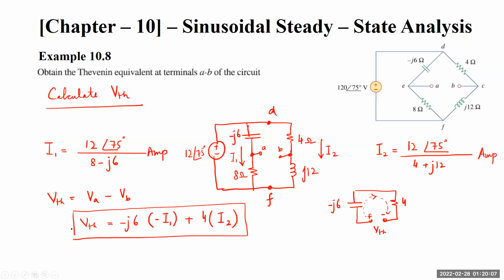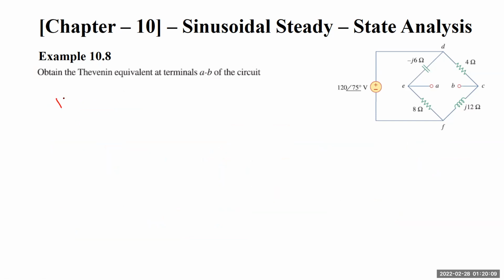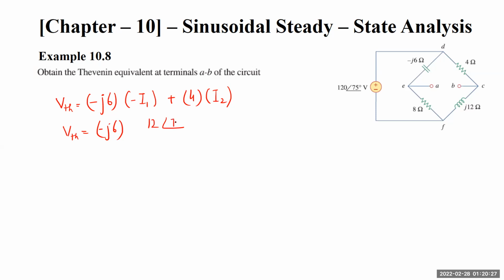So just now, how to calculate VThevenin: minus J6 into minus I1 plus 4 into I2. So remember, Thevenin voltage is minus J6 times I1, and I1 was 12 angle of 75 degrees divided by, it comes with the minus sign here, minus J plus 8.